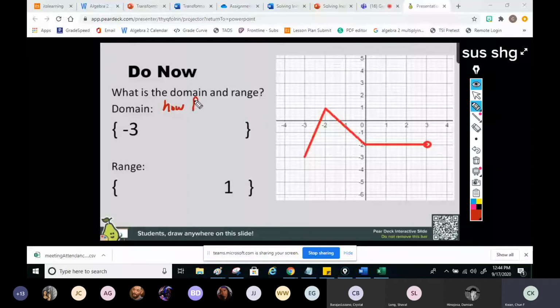So when you're looking at this graph right here, the furthest left is this point. And then exactly what number are we looking for? You have to check the X value, which is -3. And I already gave you this.